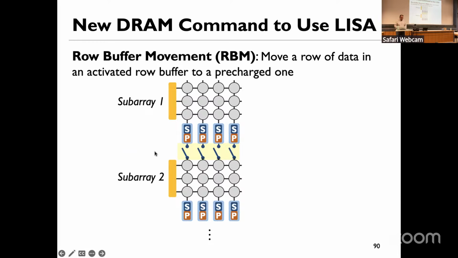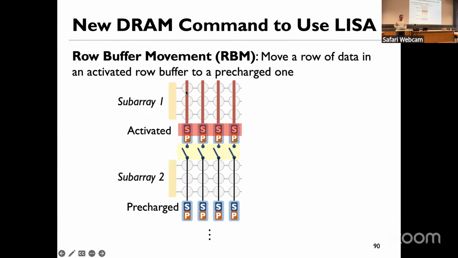Essentially, we added some transistors again. That transistor can connect subarrays, so we improve connectivity in the bank. Now you can connect subarrays together, and you do activation in subarray 1, and then you get the data in your sense amplifier and also your row buffer.